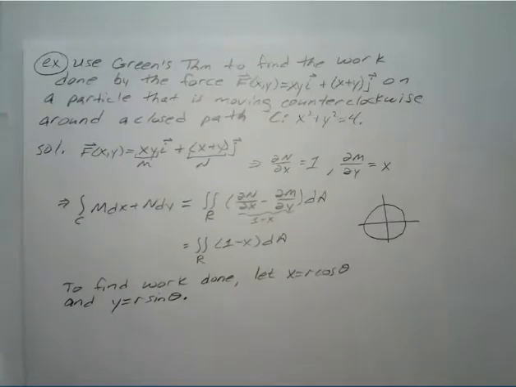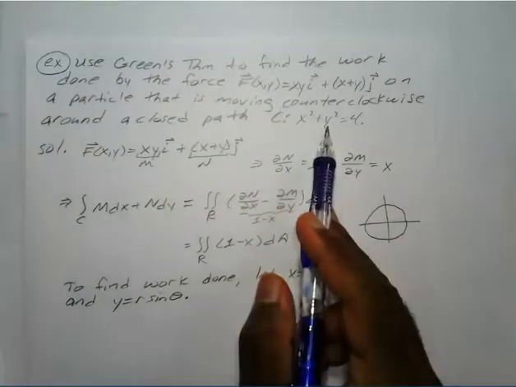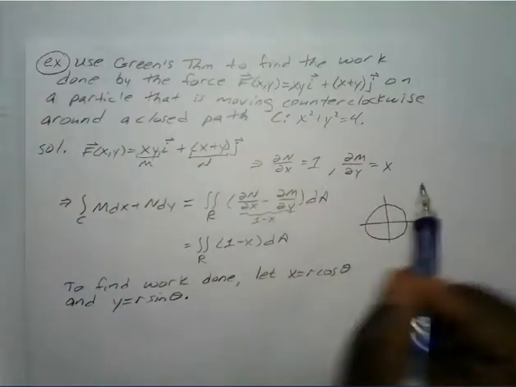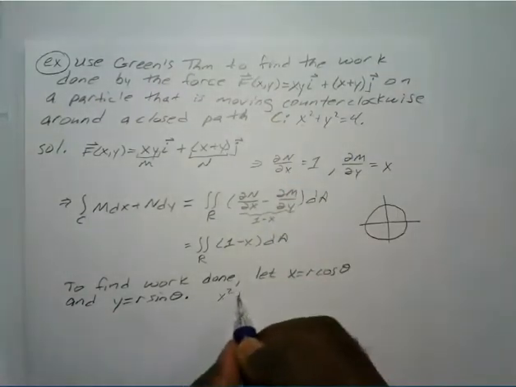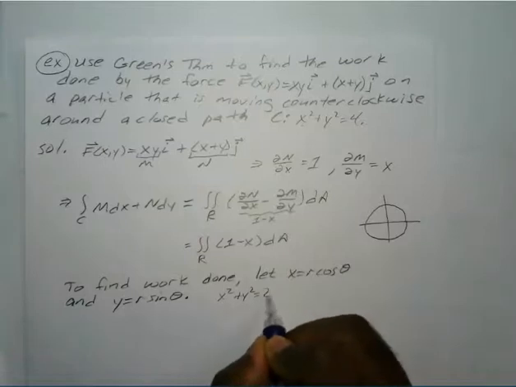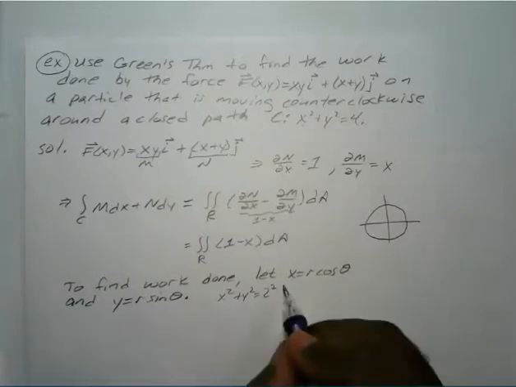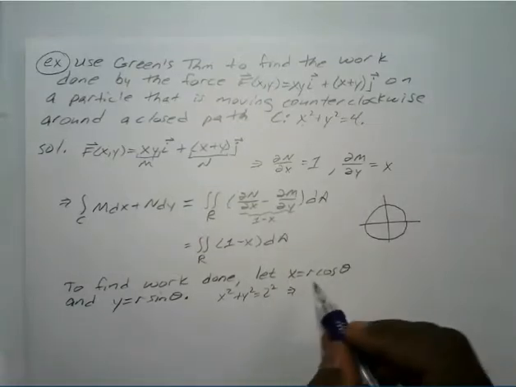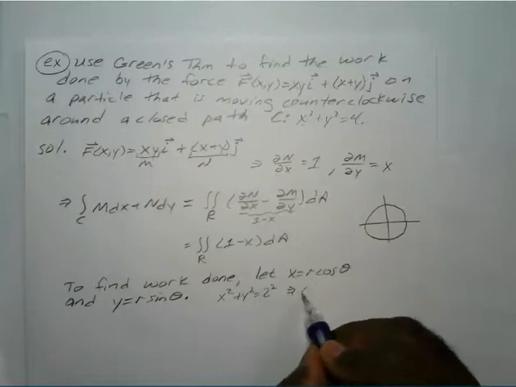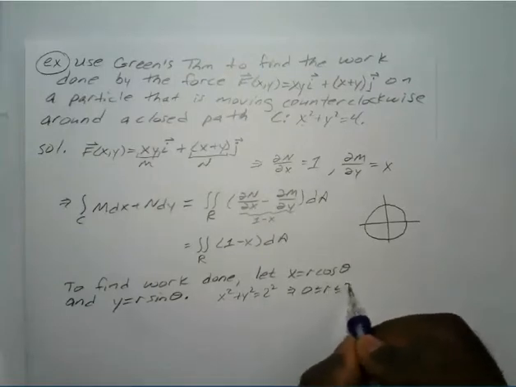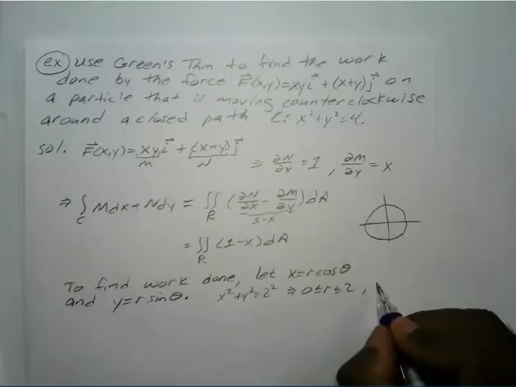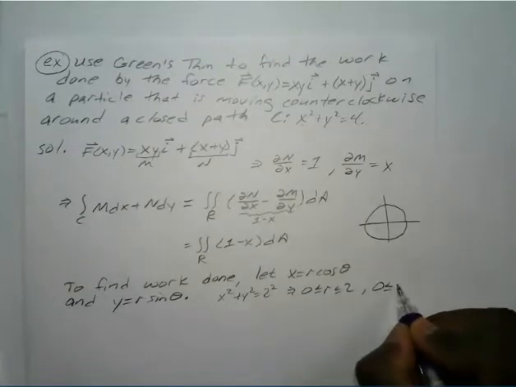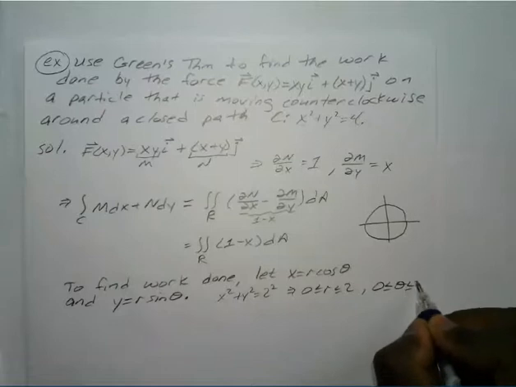Okay, so we know that since our path is a circle, remember, it's x squared plus y squared equals 4. x squared plus y squared equals 2 squared means that your radius is going to go from 0 to 2. And of course, going in a full circle, your theta is going to go from 0 to 2 pi.